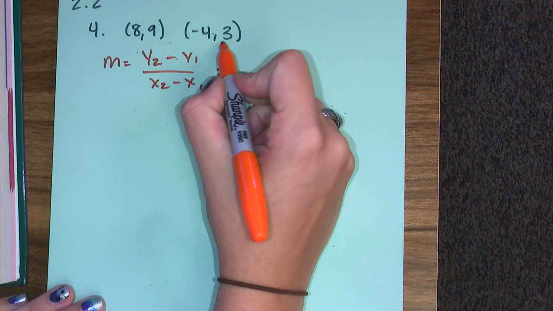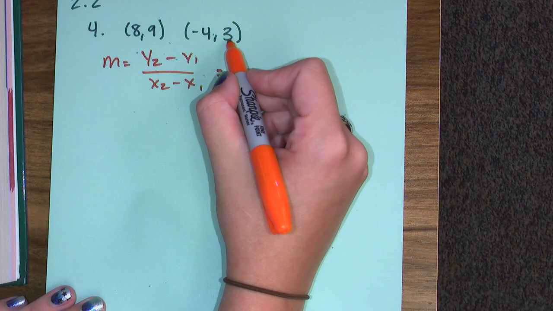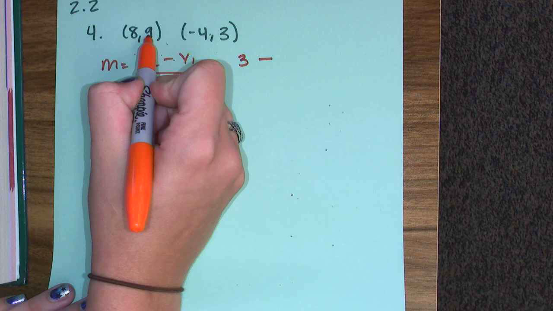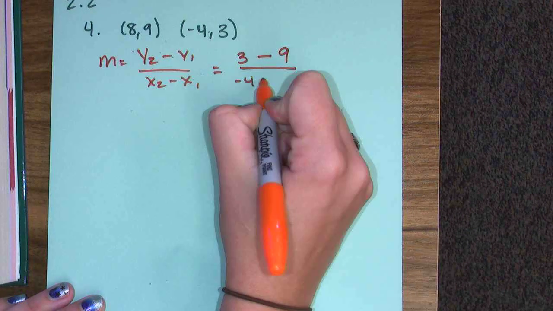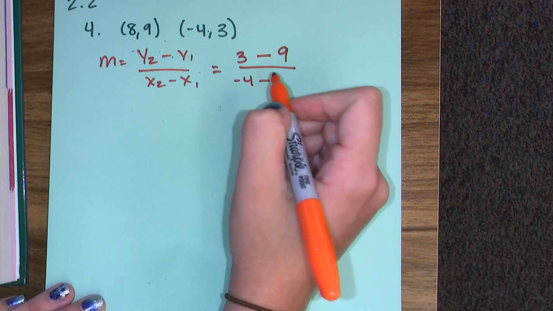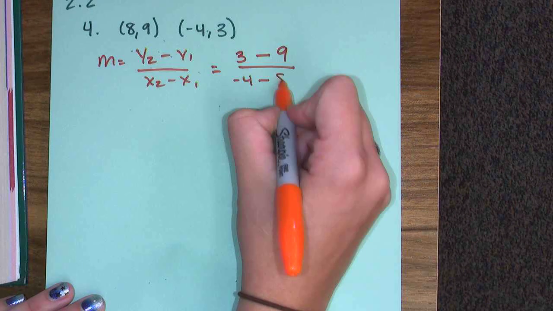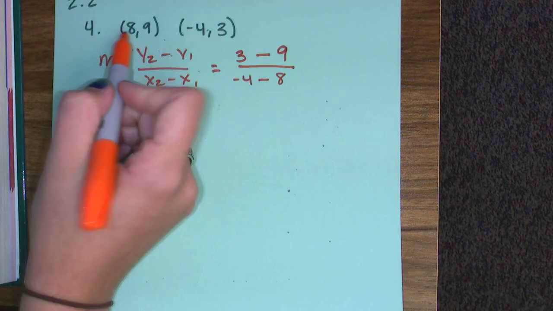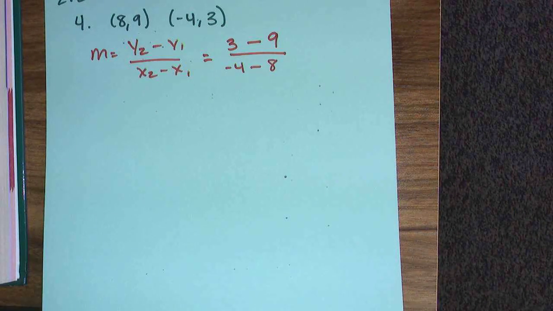So y2, and it really doesn't matter which one is which, okay, but I'm just going to call the second one y2, so that's going to be 3 minus 9 over -4 minus, oh, good, somebody caught it. Wait, no, -8, sorry, I thought that one was -2. Because remember, if one of these is negative, then obviously this is going to change to a plus sign. So I thought I heard somebody say that.